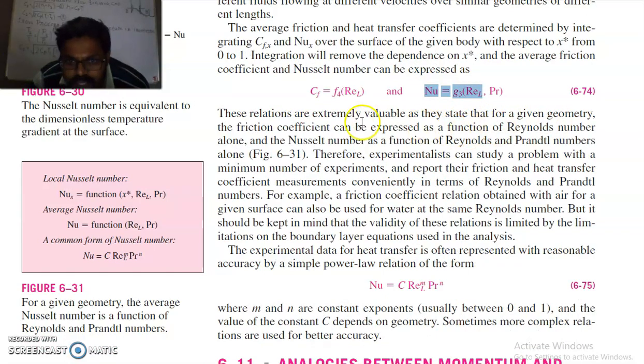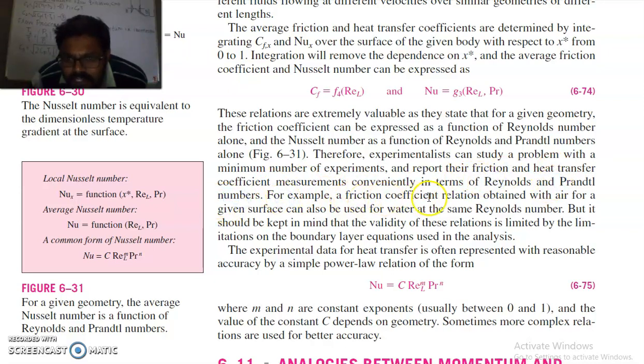They state that for a given geometry, the friction coefficient can be expressed as a function of Reynolds number and the Nusselt number can be expressed as a function of Reynolds and Prandtl numbers. Therefore, experiments can be performed with a minimum number of experiments, and friction and heat transfer coefficient measurements can be reported conveniently in terms of Reynolds and Prandtl number.